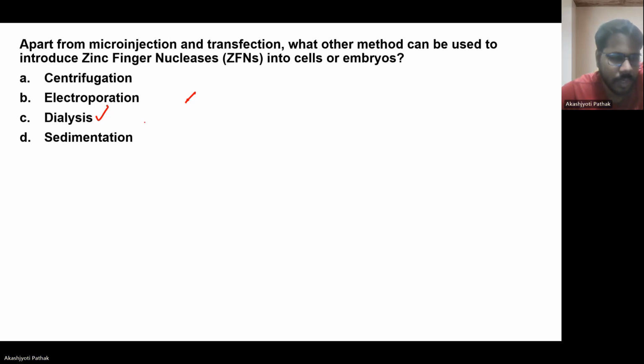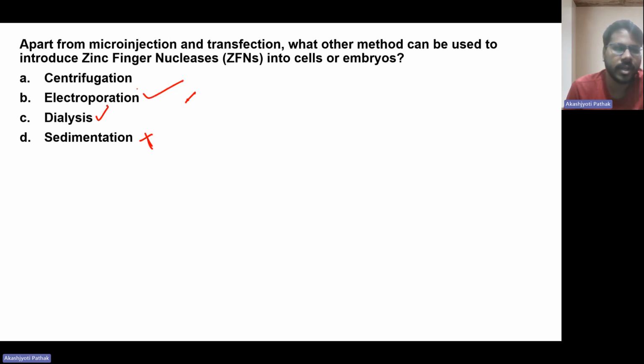There can be exchange of solvents between two different compositions of the solvent. And sedimentation also has nothing to do with introduction of DNA into a cell. So the correct answer is electroporation.